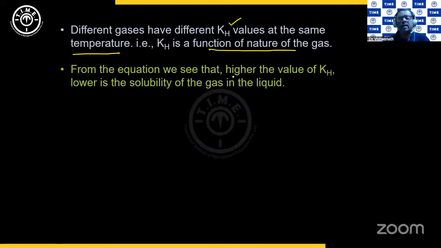So higher the value of Kh, we put the reverse actually. We said lower the value of Kh, higher the solubility. Now we are saying higher the value of Kh, lower the solubility of the gas in the given liquid. I hope this is clear.